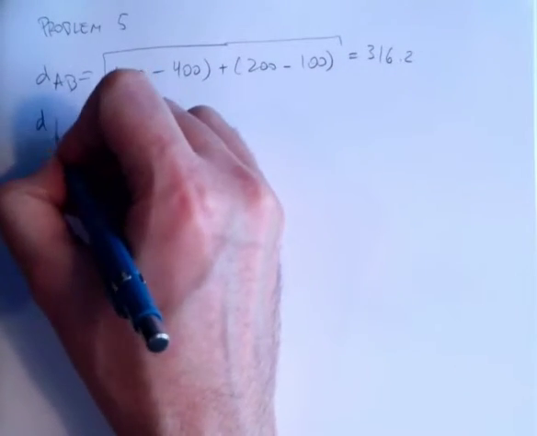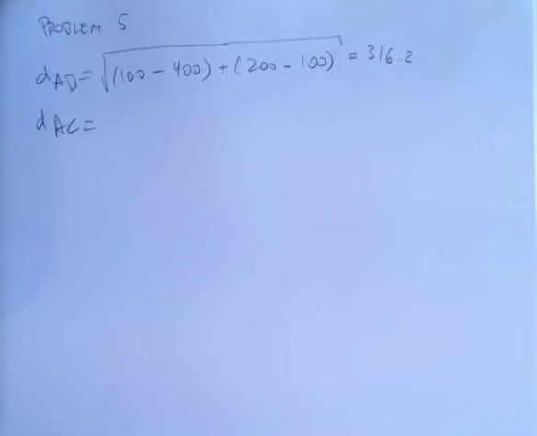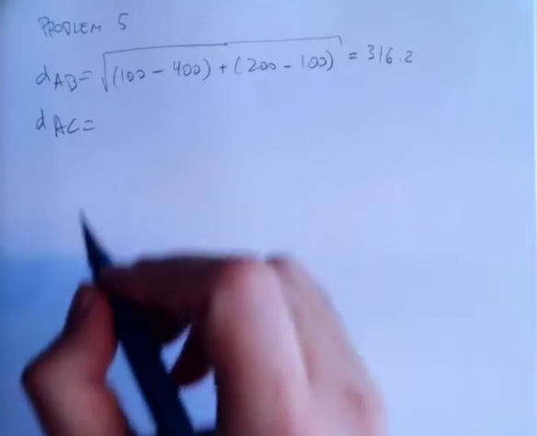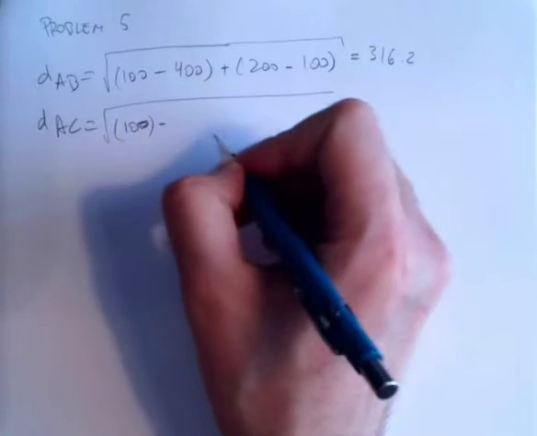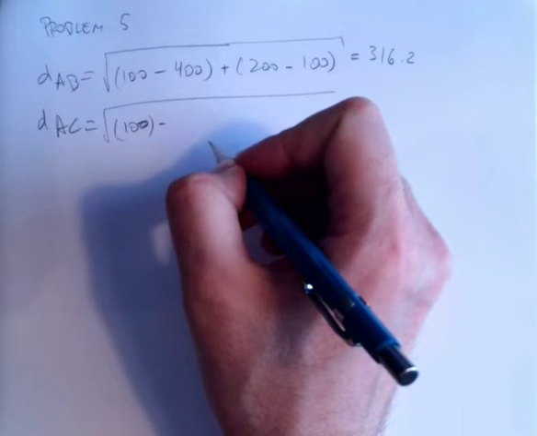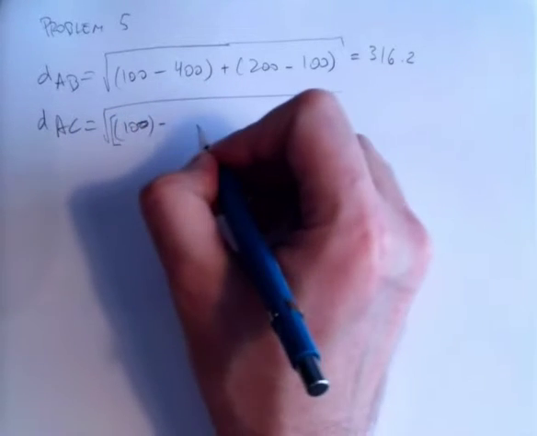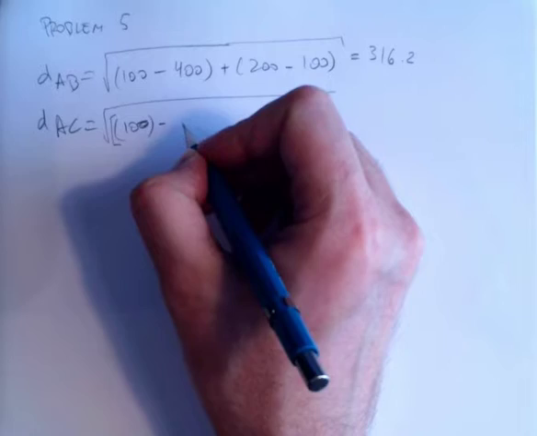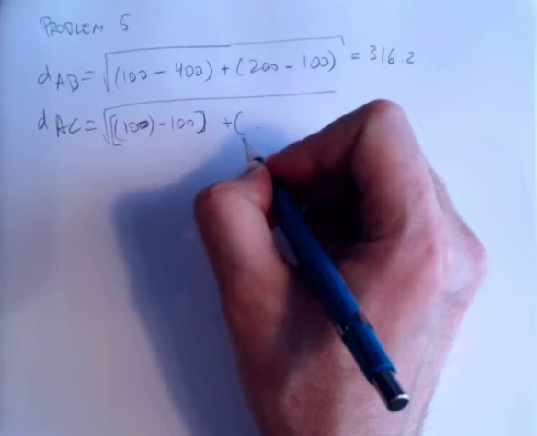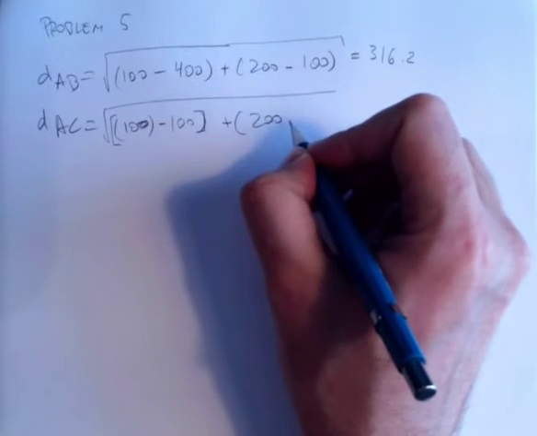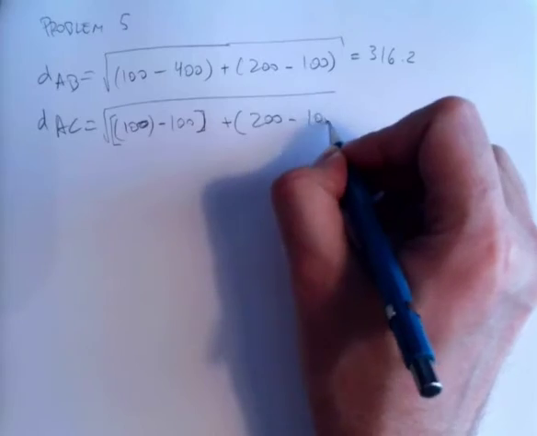Now I go to the distance between A and C. Okay, and then I need to take the coordinates of A and C. Okay, so xa is 100, so square root of 100, minus 100, plus 200, which is ya, minus yb, which is 100, right?